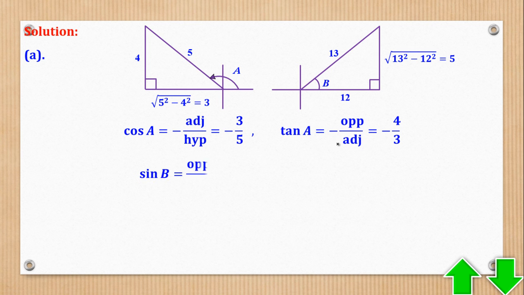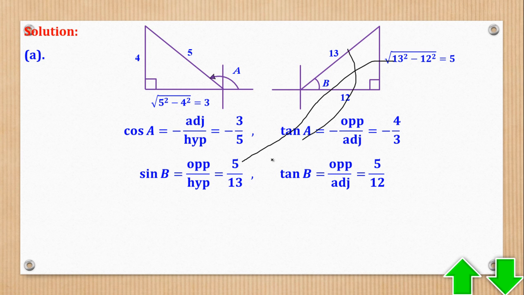What about for angle B? B is acute, so it is in this first quadrant. Still by Pythagoras theorem, you can get that remaining side. For B, they are all positive, so sin is positive opposite over hypotenuse, and tan is positive opposite over adjacent.